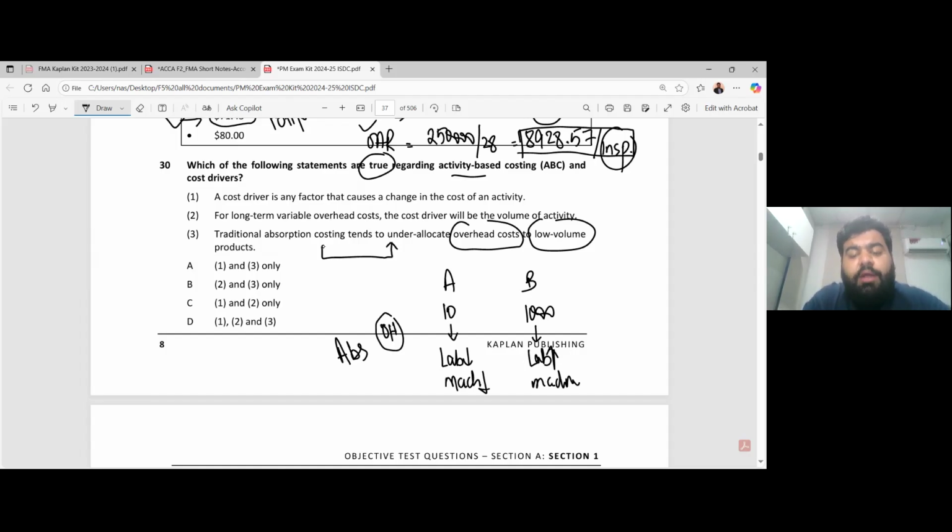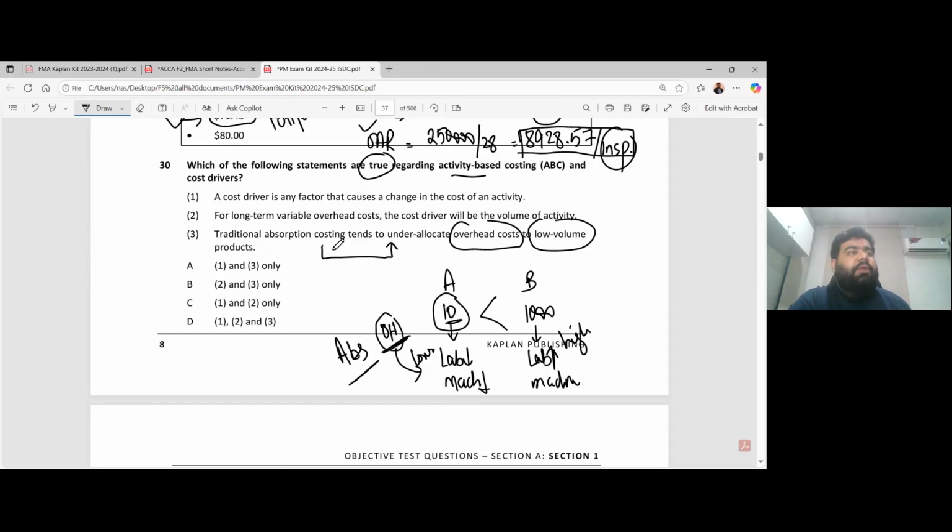So the product with the low volume will be assigned lower overheads, and B higher, according to absorption, because absorption doesn't see the number of setups, number of batches, number of orders. No, absorption doesn't see it.